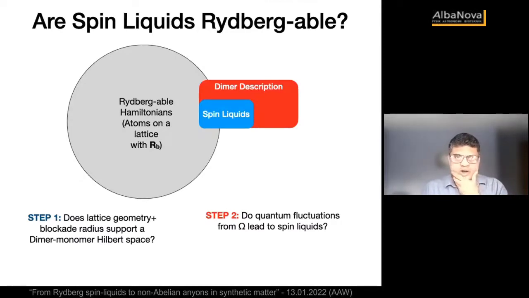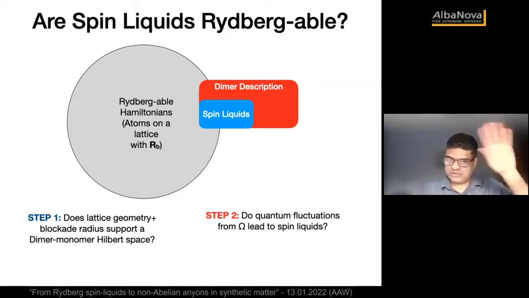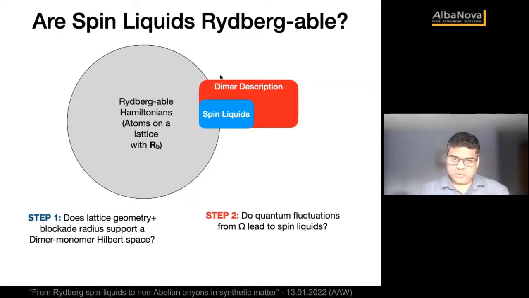Okay, so our challenge was that we wanted to take this dimer description. Some of these models that have dimer description, a subset have the quantum spin liquid phase. Those are the situations where you don't freeze the dimers, they actually keep resonating. And we want to know how this overlaps with the set of Hamiltonians that you can get by thinking about Rydberg atoms on different lattices.